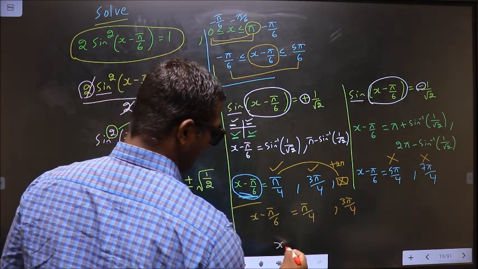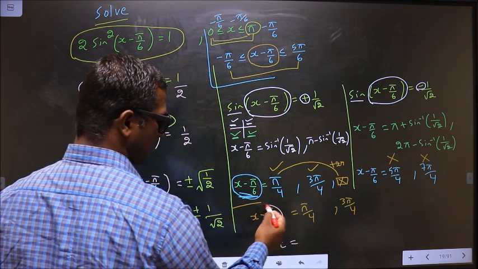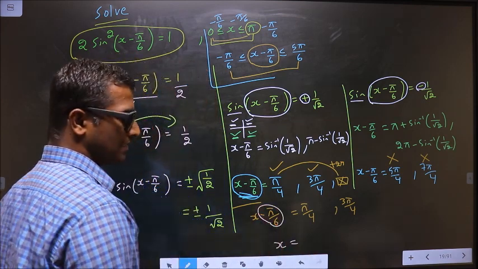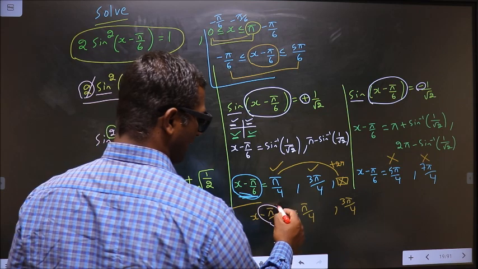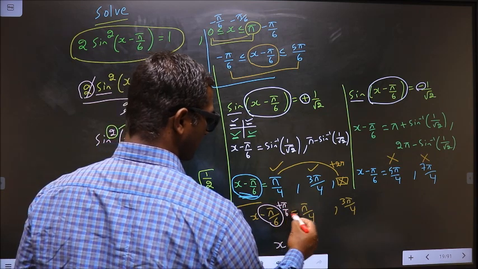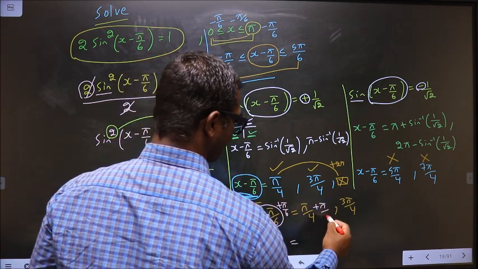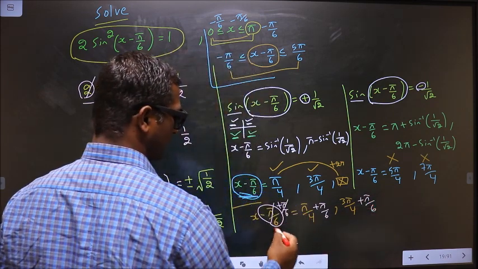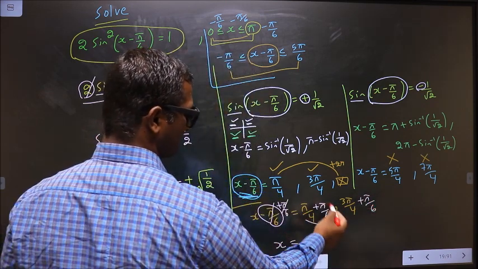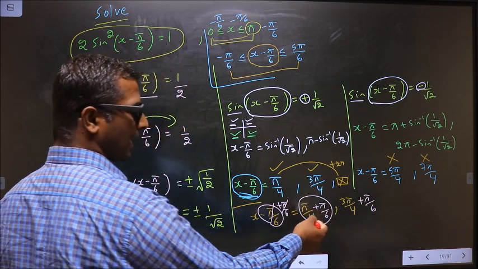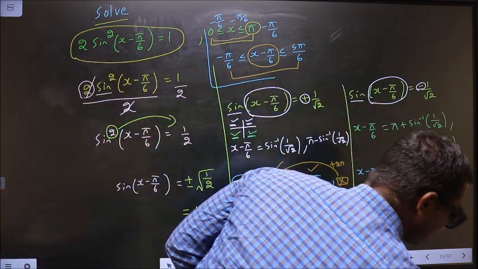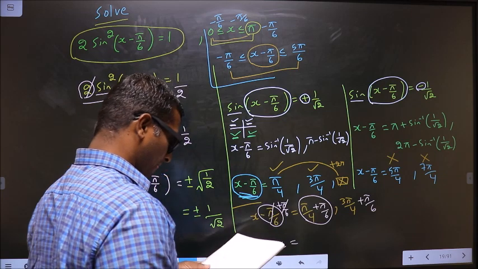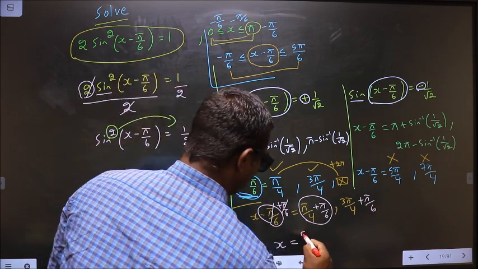Now to get the values for x, I should remove this minus π/6. To remove that, you add π/6. So here this cancels out, and we get x equals. Put this in the calculator, you get 5π/12.